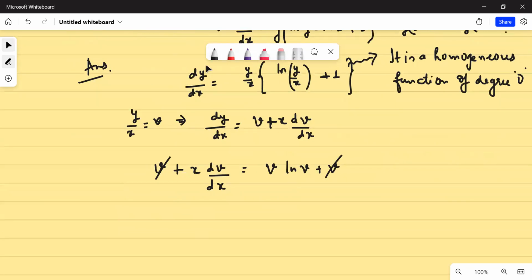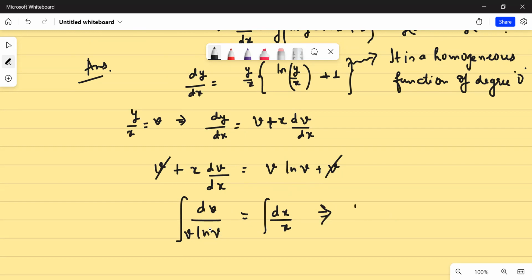You can take this in the denominator, so that respective differentials will be accompanied by respective variables. So dv would be accompanied by the function 1 upon v ln v, and dx will be accompanied by 1 upon x.